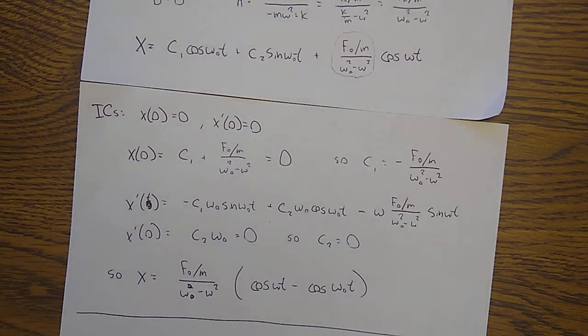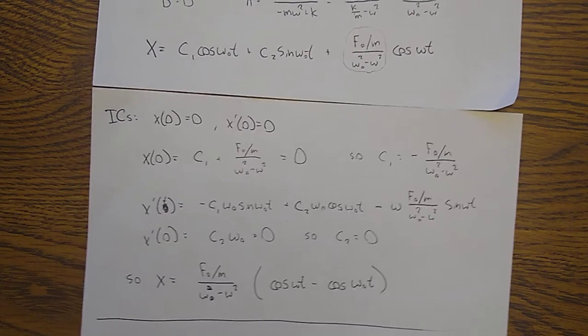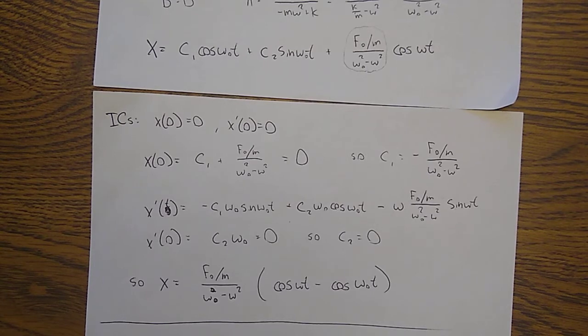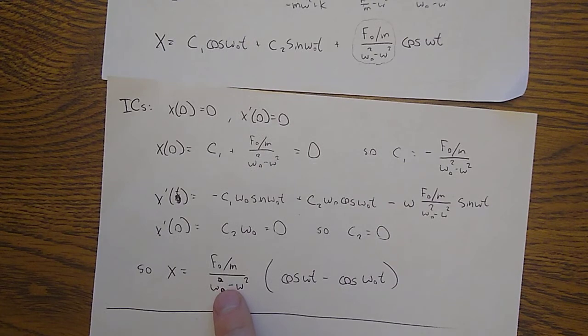So, right, let me just then say a few words about the nature of this solution. And again, what happens when omega naught and omega are pretty close. So first of all, obviously this number blows up.